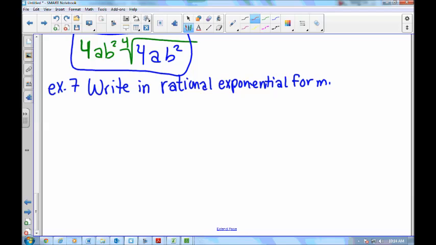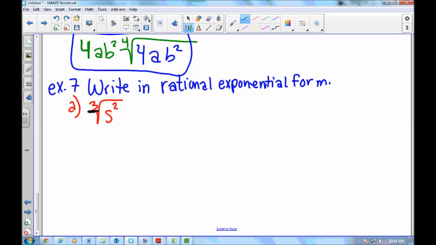Okay. We'll start with, okay, remember the index is what part of the fraction? Denominator. Yeah, the denominator. So this 3 should become your denominator.